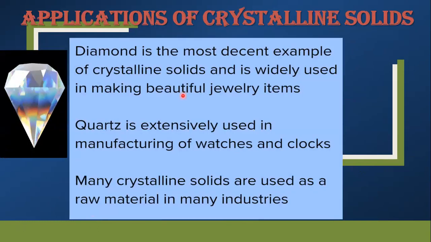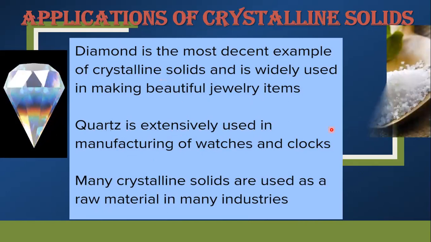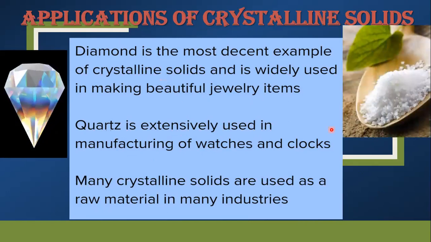Next are applications of crystalline solids. Diamond is the most decent example of crystalline solid that is widely used in making beautiful jewelry items and in some mechanical instruments as well. Just like on the tip of a drilling machine, a diamond piece is used. Quartz is also used in making watches and clocks. Many crystalline solids are used as a raw material in many industries.